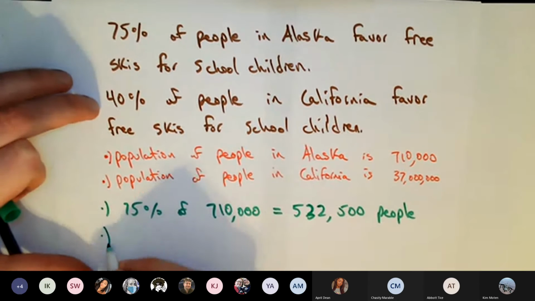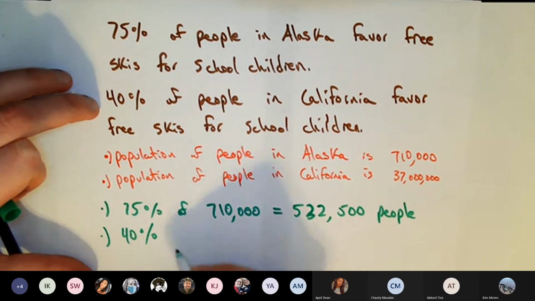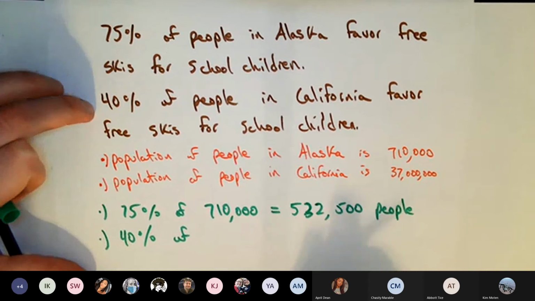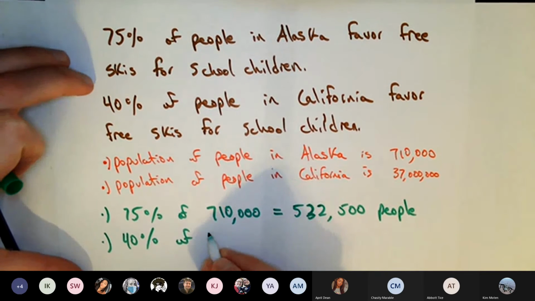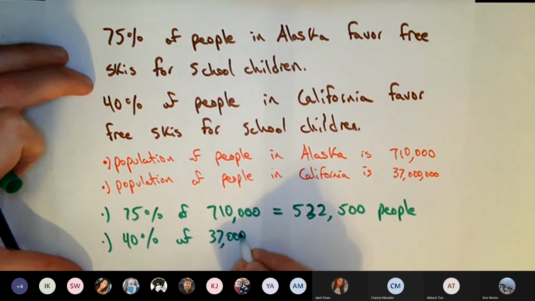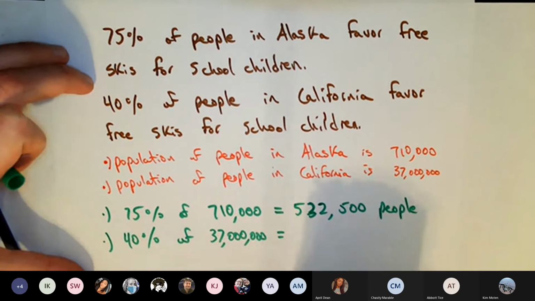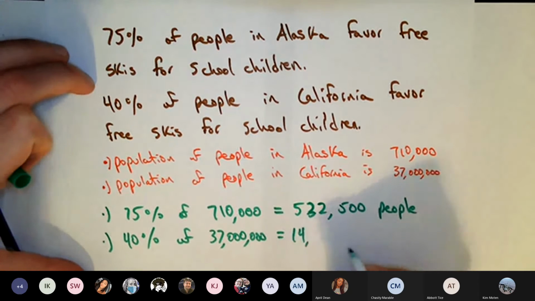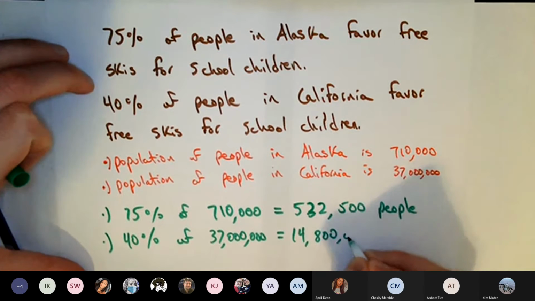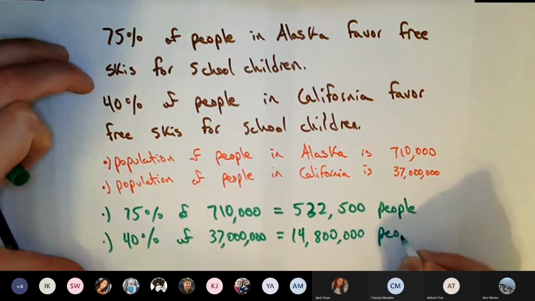And the 40% of Californians that believe that children should get free skis is 40% of 37 million, which is going to be 14,800,000. Way more people, right?